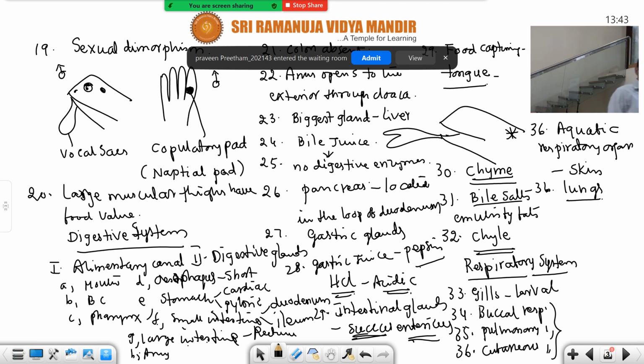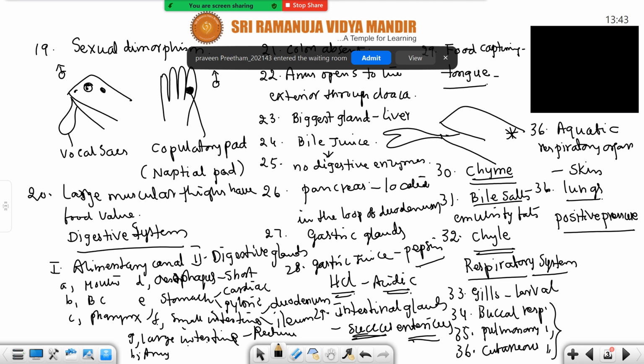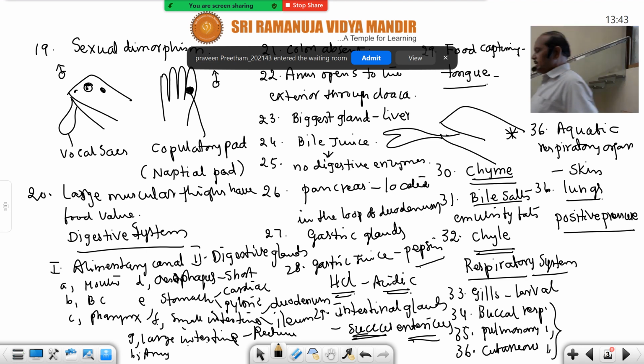During pulmonary respiration, the buccal cavity forces the air into the lungs. Hence, our frog lung is a positive pressure lung, not a negative pressure lung. The only positive pressure lung you have studied is the frog's. Please note down this point because it was asked once in one NEET paper.